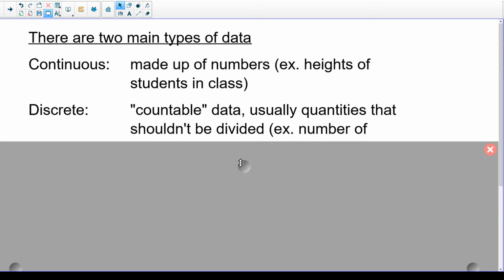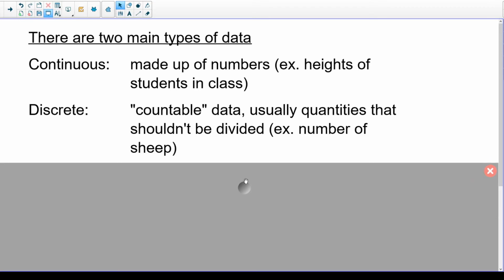Or you can have discrete data. Sorry, I say data two ways. Alternatively, it doesn't really matter. So forgive me for not following the same convention each time. With discrete information, we're talking about countable data here. So this is usually quantities that shouldn't be divided.